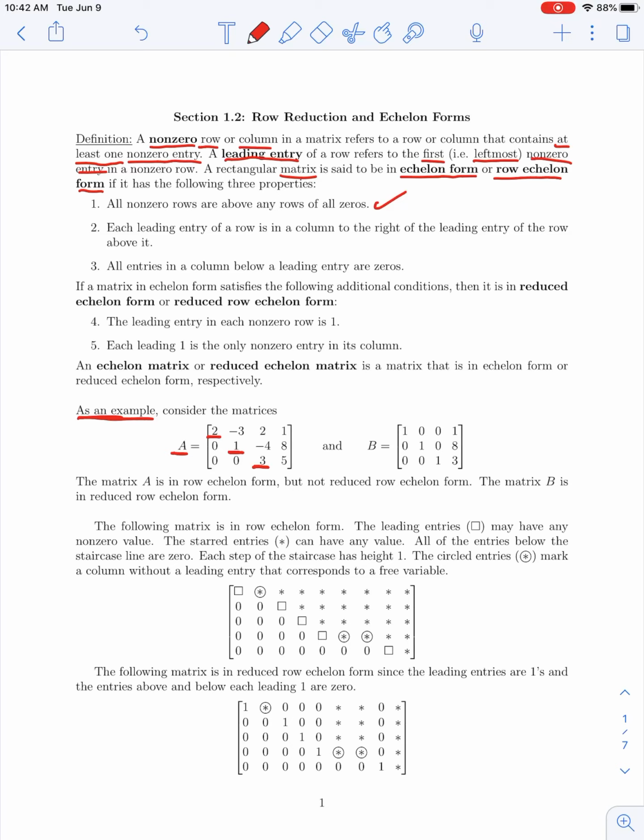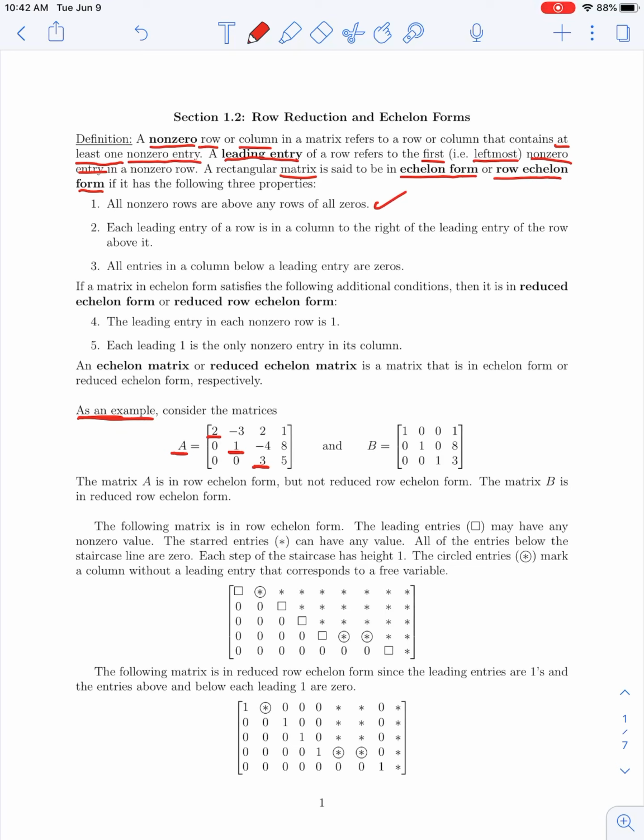So we see the way that these rows are organized, that each of these leading entries in a row is in a column to the right of the leading entry of the row before it. That is, our leading entries proceed from the top left corner of our matrix downward to the right.